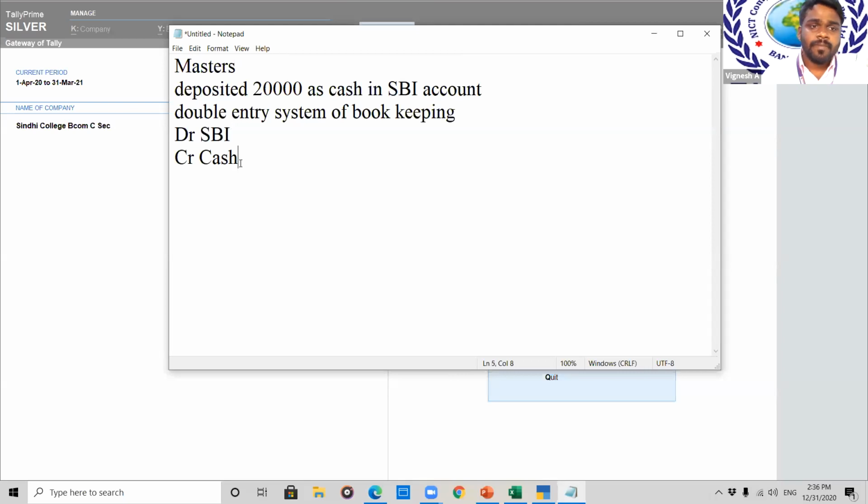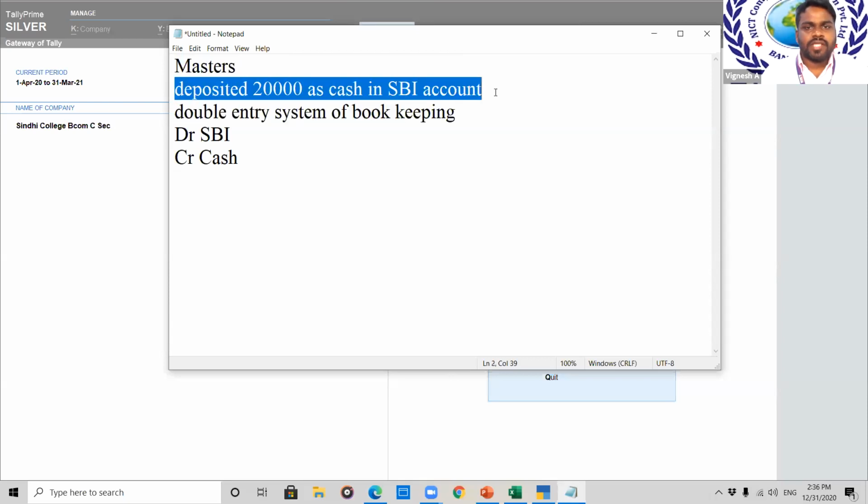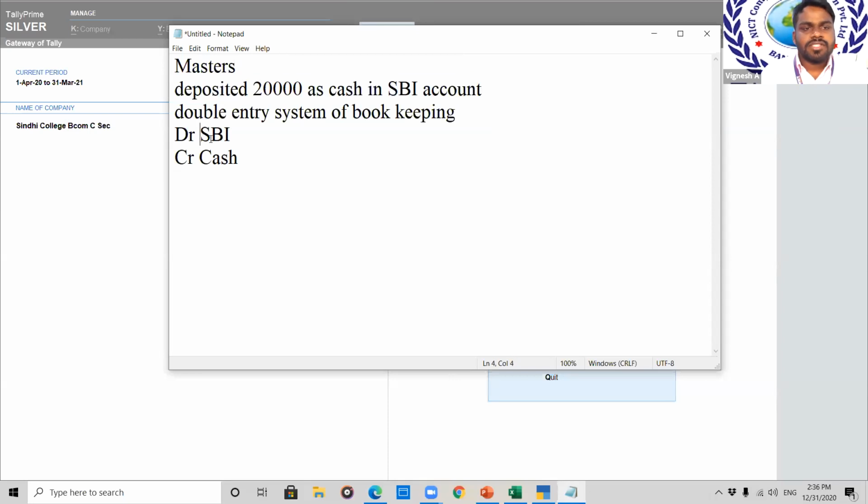Coming down, as we are talking about masters, as I told you in the example, to do this transaction we need to have these two accounts. Creating these two accounts is called masters.